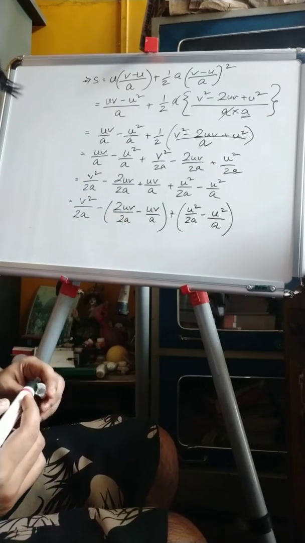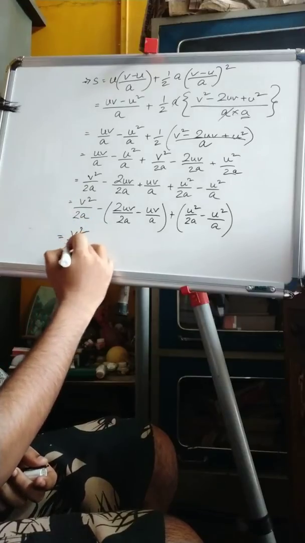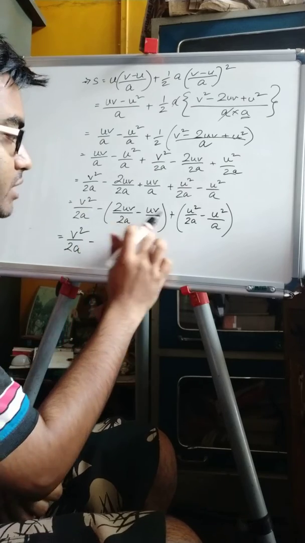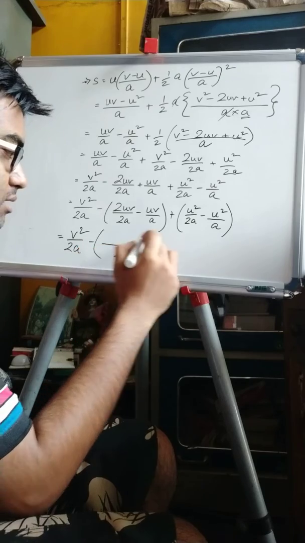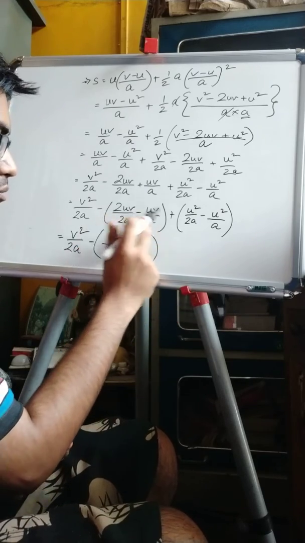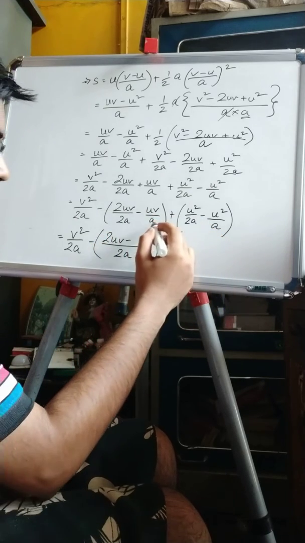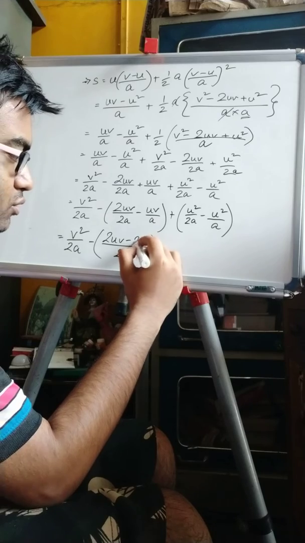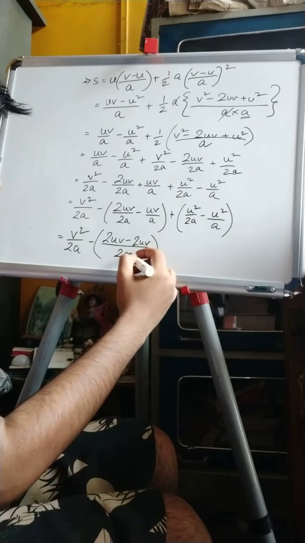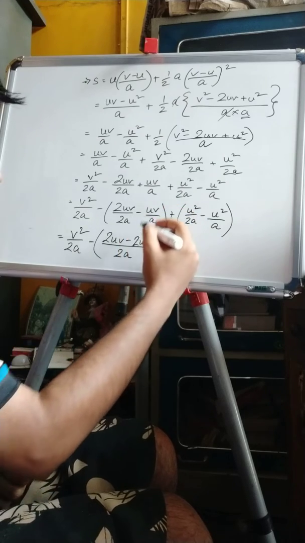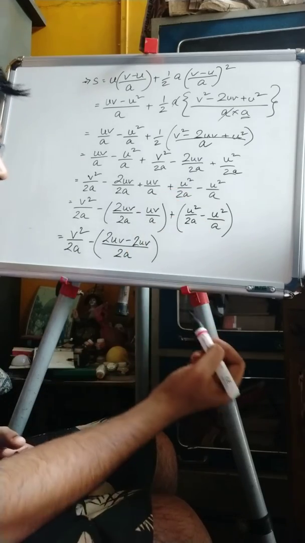The next part I am going to write here also. Just a minute. V square by twice of a minus. Now if you take the LCM, it would be twice of a, keep it under bracket. The LCM would be twice of a. Now it would be 2uv minus 2uv, because a into a is there and there remains 2, so 2 into uv.